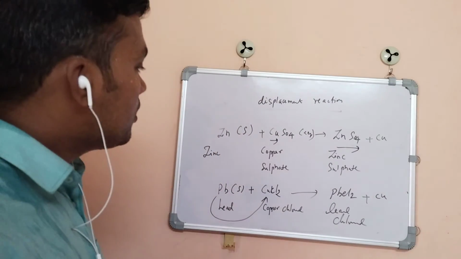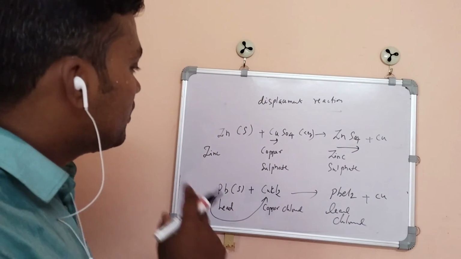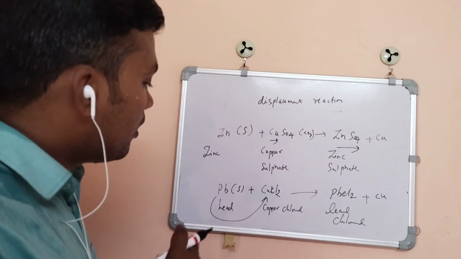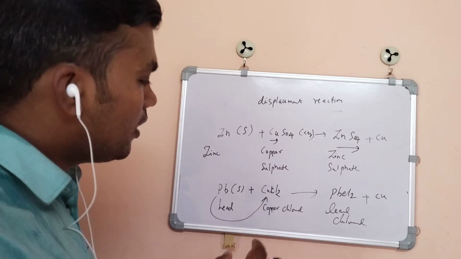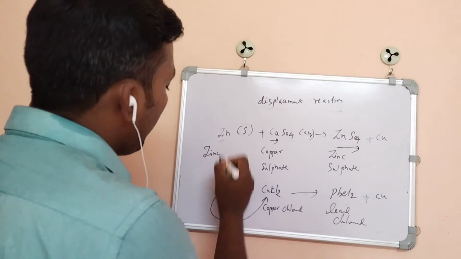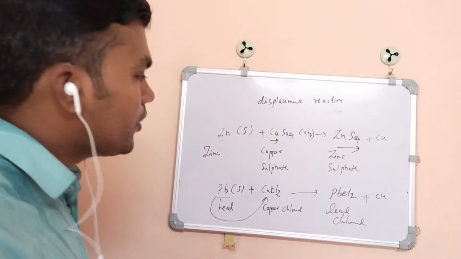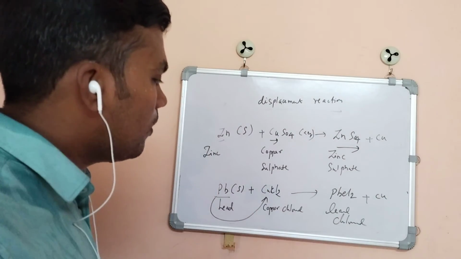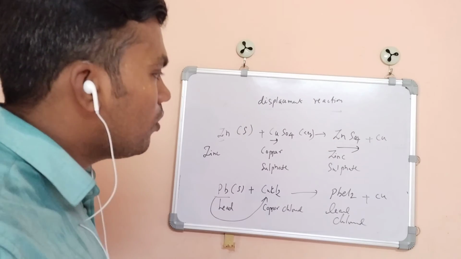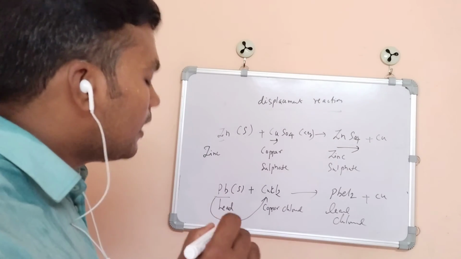Okay, in these two reactions, zinc with the copper sulfate to form zinc sulfate, and lead reacting with the copper chloride to form lead chloride. In both these reactions, zinc and lead are more reactive than copper, that is why lead chloride and zinc sulfate have been formed.